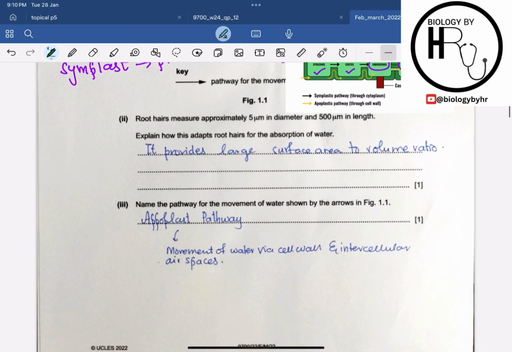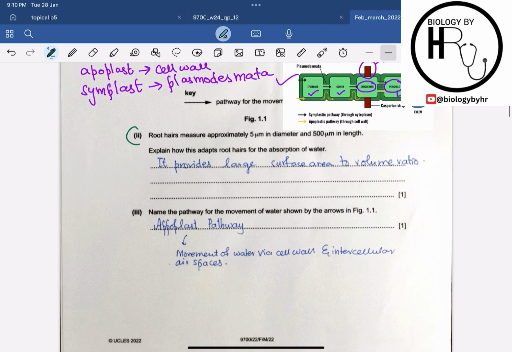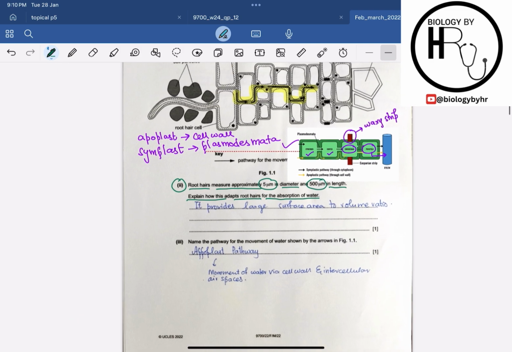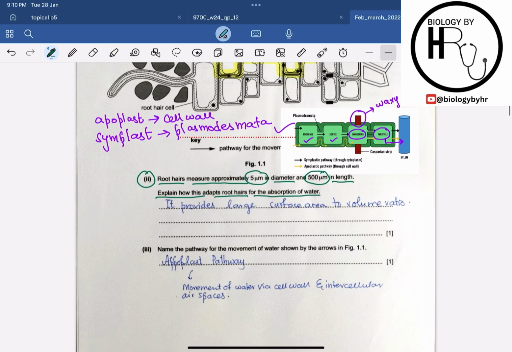Alright, so part 2 over here basically says that root hairs measure approximately 5 micrometer in diameter and 500 micrometer in length. Explain how this adapts the root hairs for the absorption of water. We know that the adaptation for the root hair cells is that it provides a large surface area to volume ratio so that the maximum water can be absorbed from the soil, right?